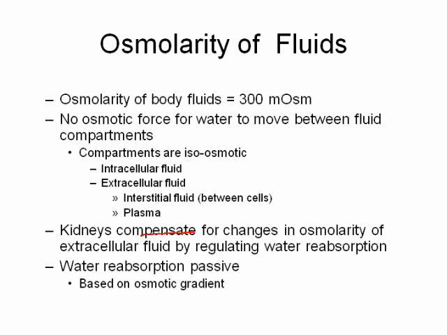The kidneys compensate for any changes in the osmolarity of the extracellular fluid by regulating water reabsorption. So if somebody is sweating a lot, they're losing water, then the kidneys have to compensate by retaining water that would otherwise end up in the urine. And as we saw before, water reabsorption is passive. It's based upon the osmotic gradient; water follows solute.